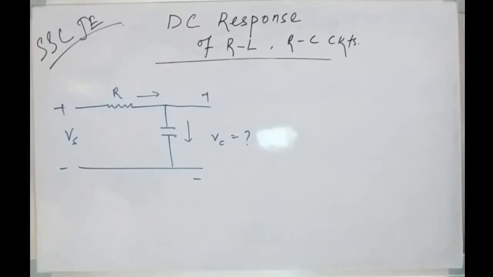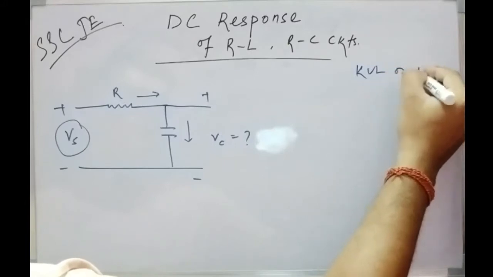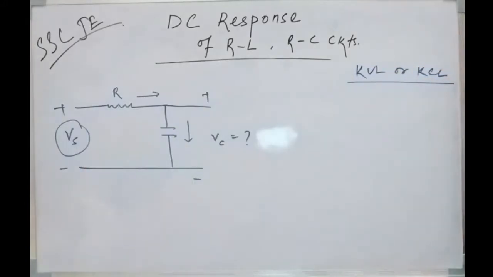Here I have taken a constant source Vs. There is R and C, it is an RC circuit, and we need to find Vc. How can you find Vc? Just apply KVL or KCL. For that we need the current, so let us find the current.